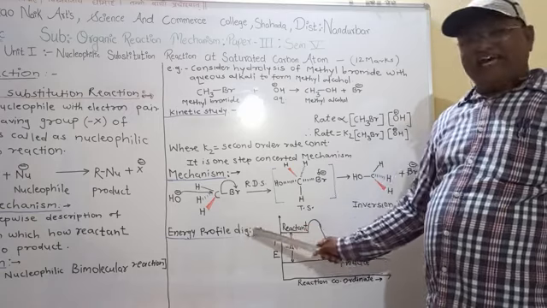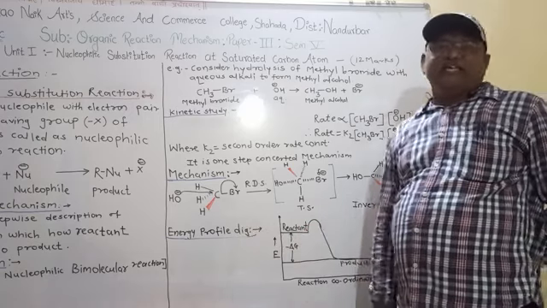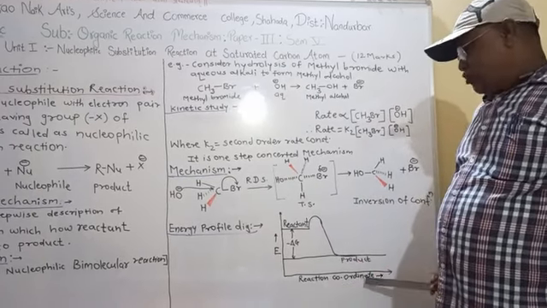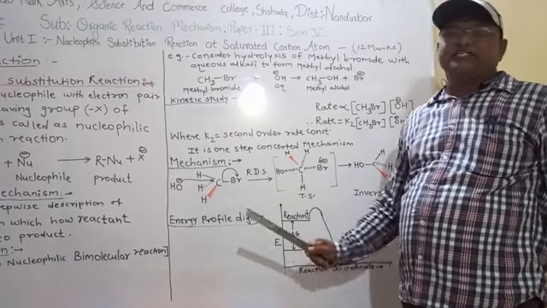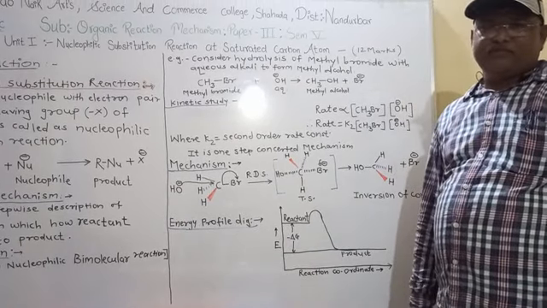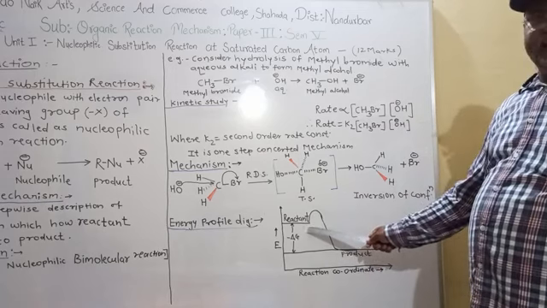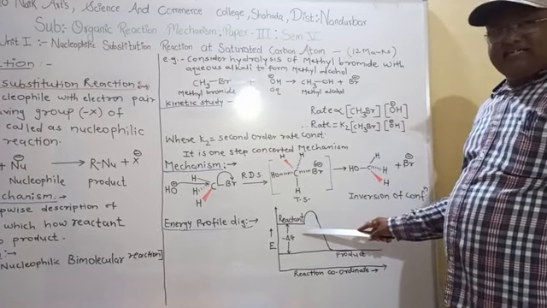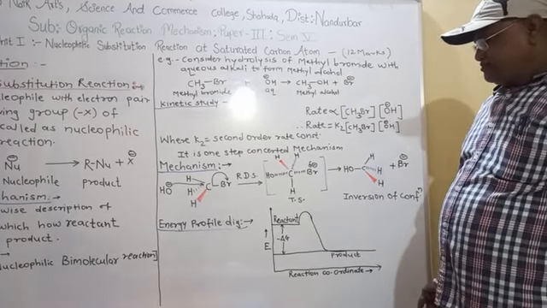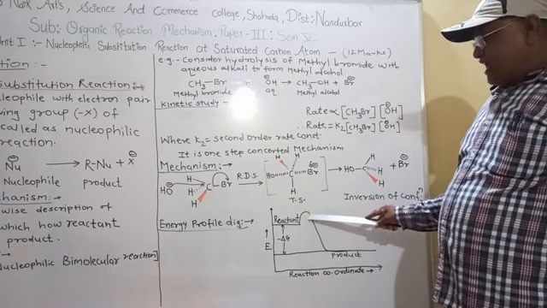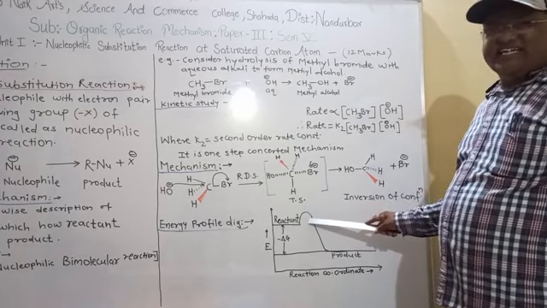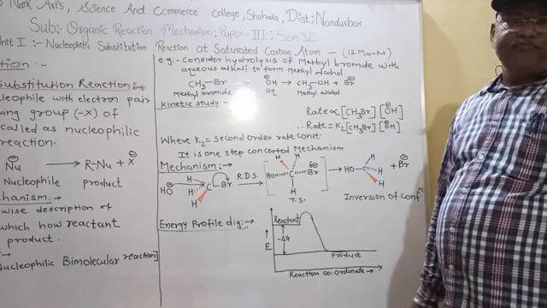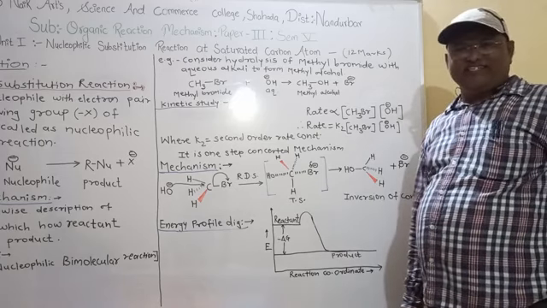Now the energy profile diagram. So what is meant by energy profile diagram? It is the graph of energy versus reaction coordinate is called as energy profile diagram. Now this is the energy profile diagram in which the energy of reactant is higher, then it undergoes to transition state where the energy is highest, and therefore this transition state is unstable due to the higher internal energy.